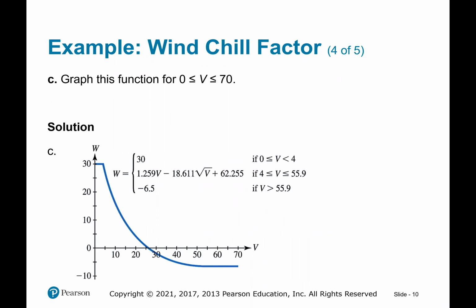Since there's no equal there, it would be an open dot. So it's going to be solid dot, open dot, constant. And then the second one, they're both equals, so you're going to have 2 solid dots on each end. And then the last part, b is greater than 55. So on that black part of my graph, it's open on one side and then it just continues on forever.